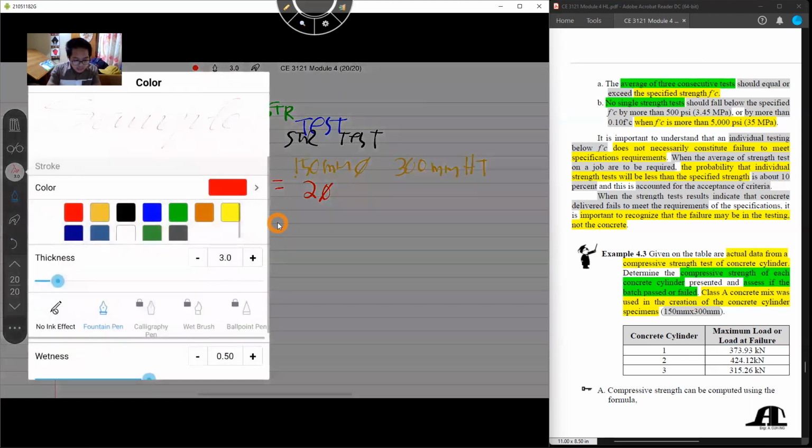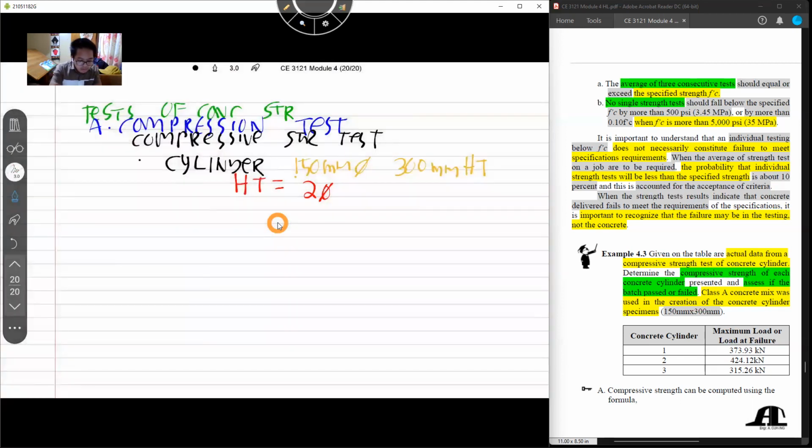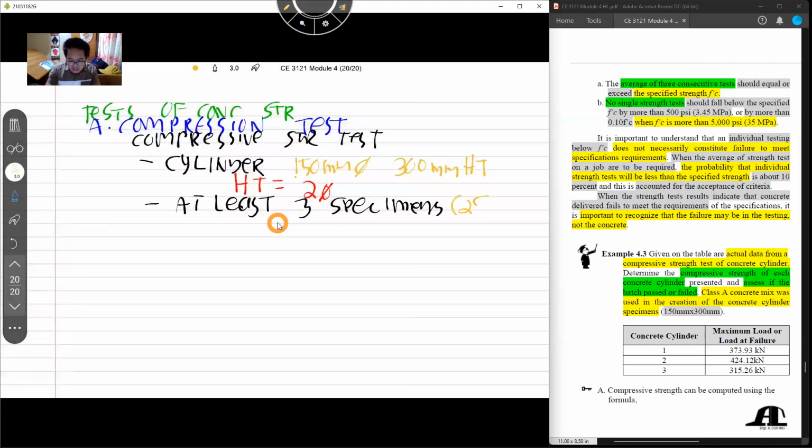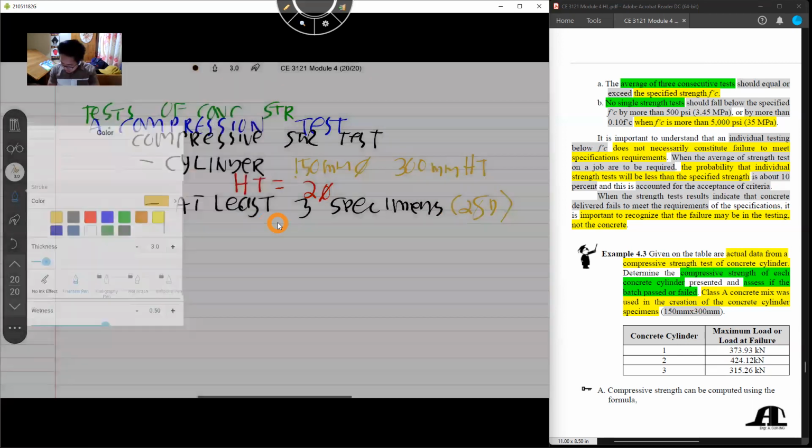Tapos, again class dapat, at least or minimum tayo class of 3 specimens. Okay. Preferably class at 28 days. 28 days dapat tayo kasi yun yung maturity ng concrete.